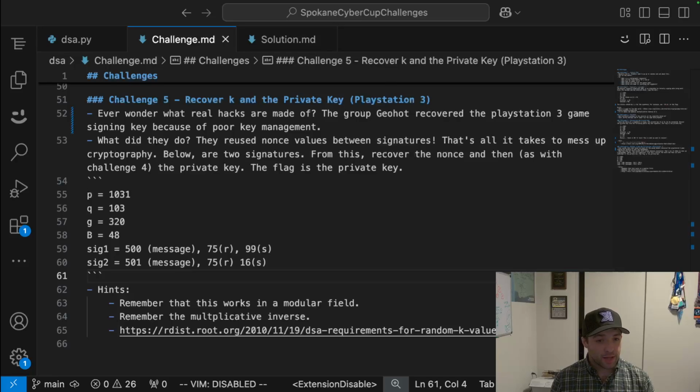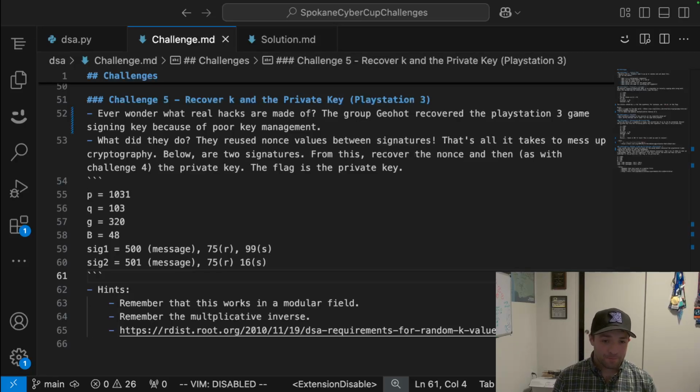However, somebody realized that there was a security flaw with it, and using this security flaw, they were able to recover the private key, therefore run any game and pirate games, do whatever you wanted on it. So at the time, this was a big deal, and this was discovered by GeoHot, which was the first person to ever jailbreak an iPhone.